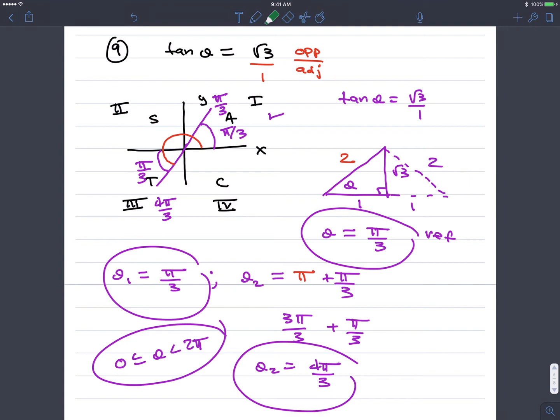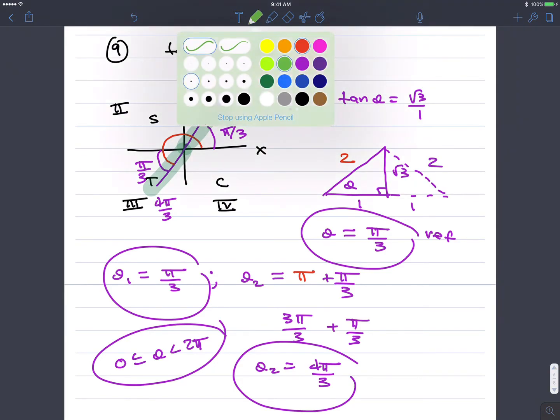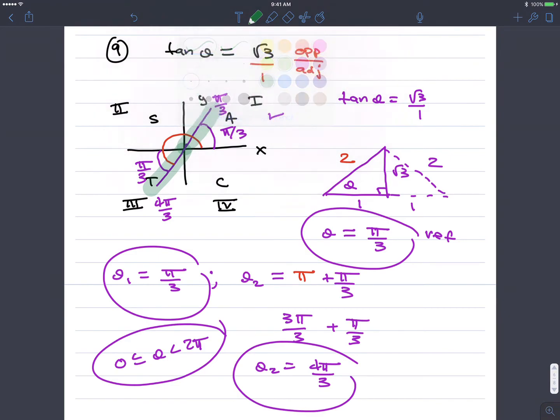Here is my first solution, pi over 3. Is that right? My second solution is in quadrant 3. They are opposite of one another in some sense. So these two solutions differ by a multiple of what? Pi. You guys good with that? A multiple of pi. They're opposite.